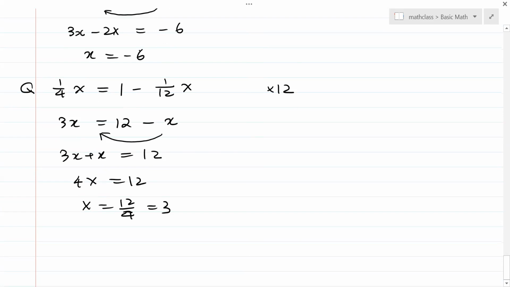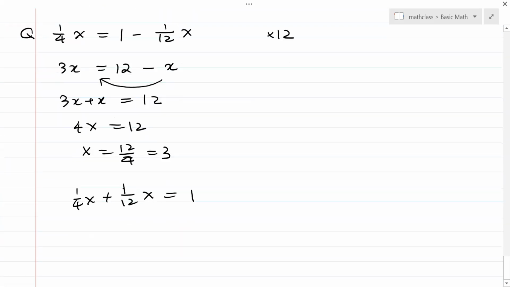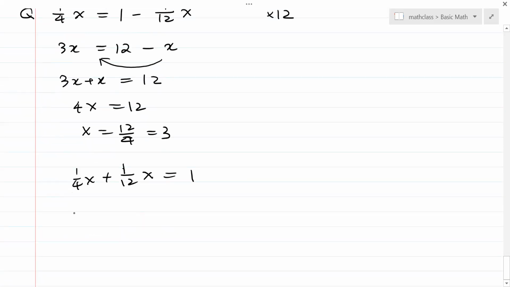The idea is simple. Get rid of the fractions. If you don't want to get rid of fractions, it's a little bit more complicated. You move 12x, and you can do it like that. Then 1/4 plus 1/12, you have to add them together. How do you do that?